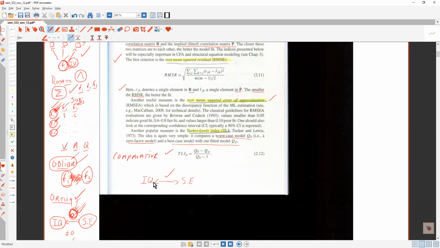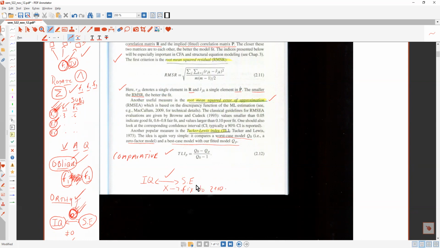If I decided a priori, before looking at any data, that there's no correlation between IQ and SE, or that I wasn't interested in modeling that correlation, I could choose to not model that path. I could fix it to zero.